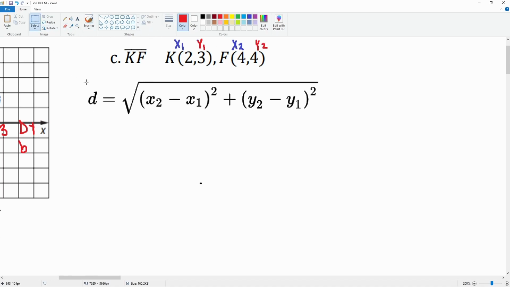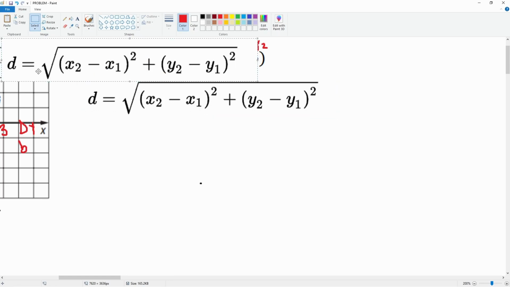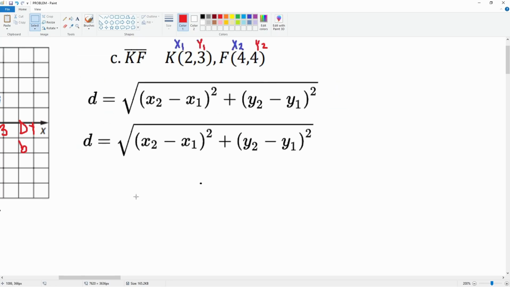This is my formula. So I just want to make sure I have my formula. Now I'm just going to erase and substitute. Okay. x2 was my 4. Then my x1 is my 2. Then I have my y2 is 4.